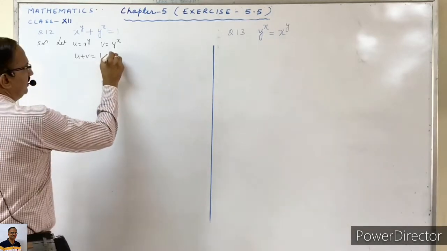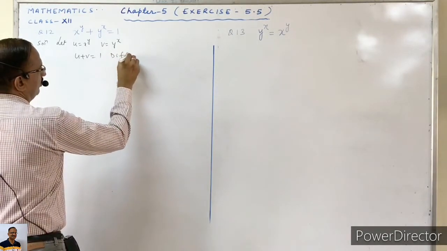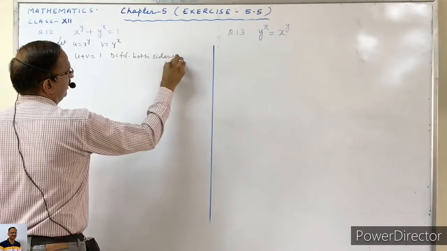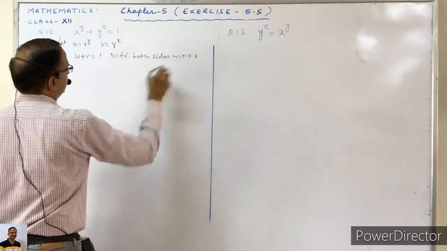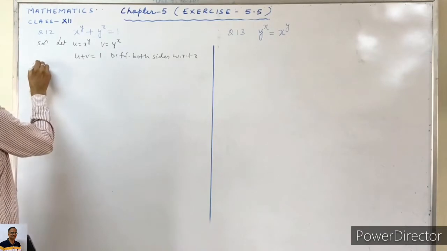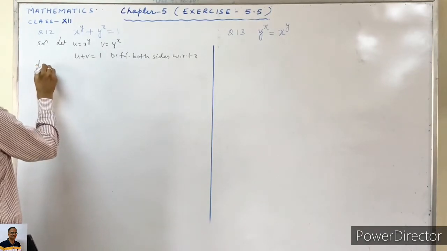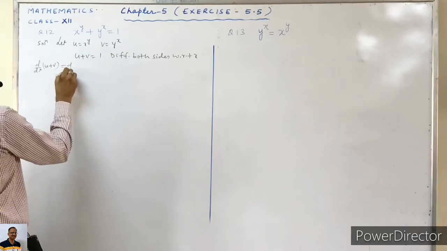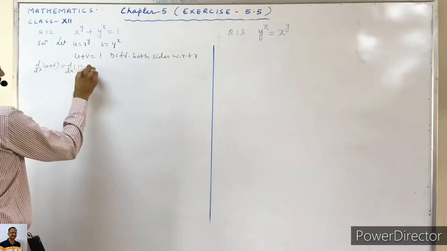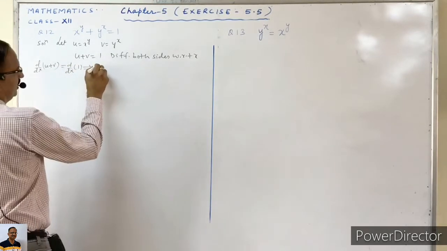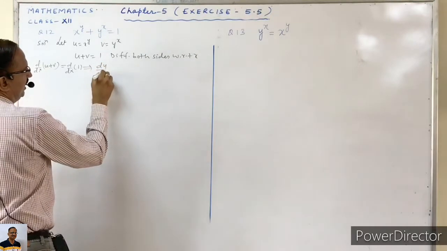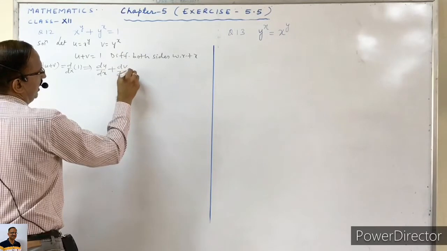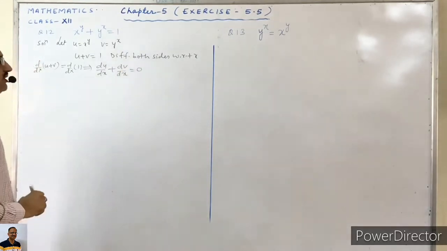Now differentiating both sides with respect to x, then this is d by dx of u plus v and d by dx of 1. So this is du by dx plus dv by dx, and on right hand side we have 0.